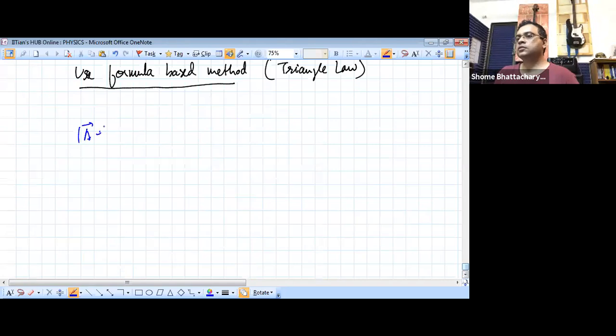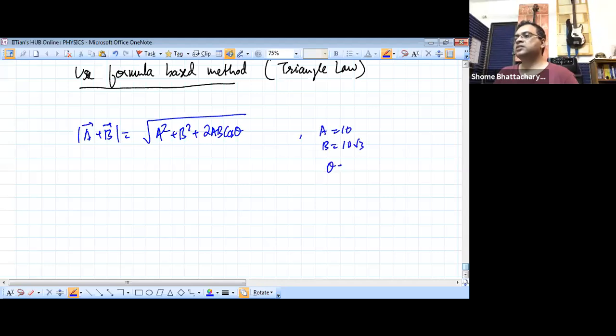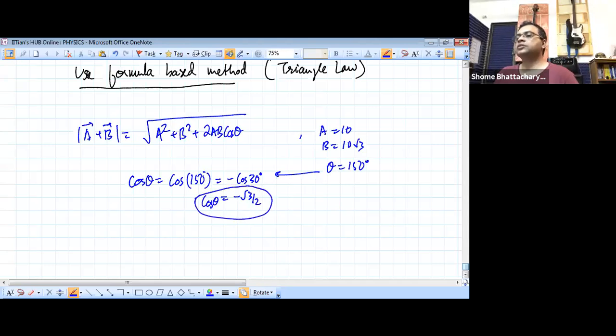So magnitude of A plus B, the same old formula. Where magnitude of A is 10, magnitude of B is 10 root 3, and theta is 150 degrees. Okay. So from this you'll see cos theta should be cos 150, okay, which will be minus cos 30 degrees. So minus root 3 by 2. So cos theta has to be substituted as minus root 3 by 2.